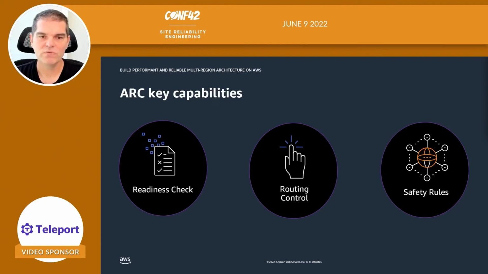Third, safety rules as safeguards for Application Recovery Controller itself to determine desired combinations of routing control and to avoid unintended consequences. For example, you might want to prevent inadvertently turning off all routing controls, which would stop all traffic flow and thereby result in a fail-open scenario.